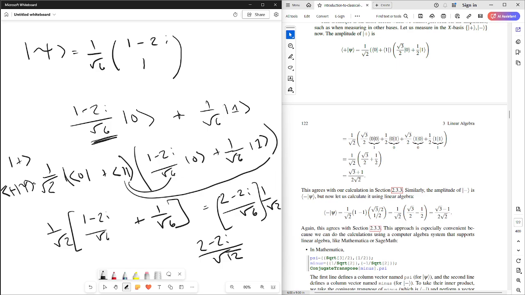That gives us 2 square roots of 6. We can pull out a 2 here. We've got 1 minus i over square root of 6.